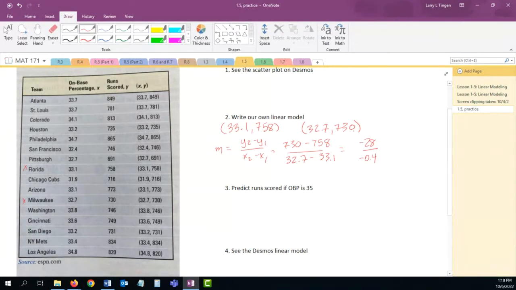And 28 divided by 4/10 is 70. Negative divided by negative is a positive.